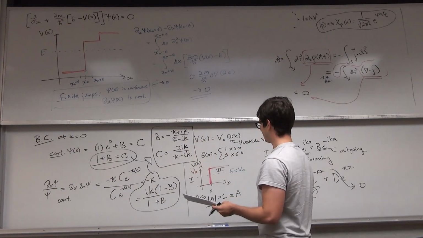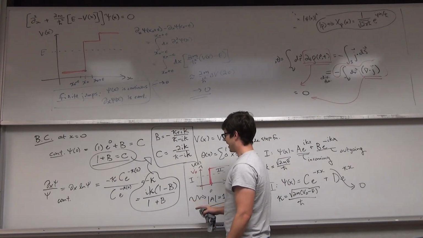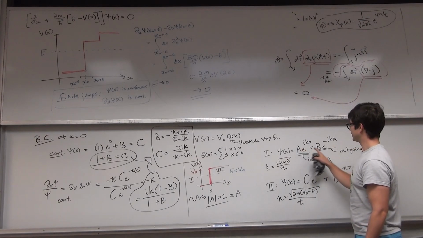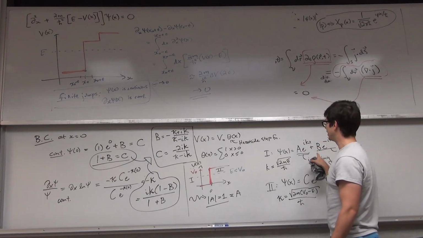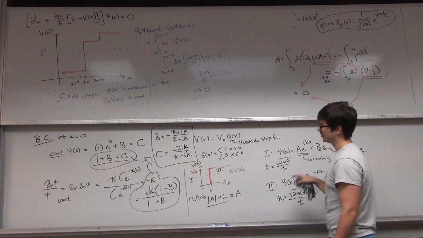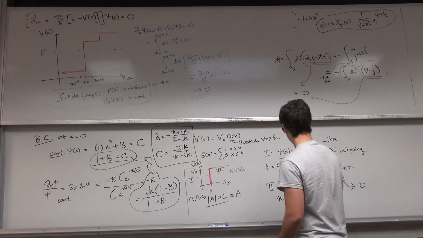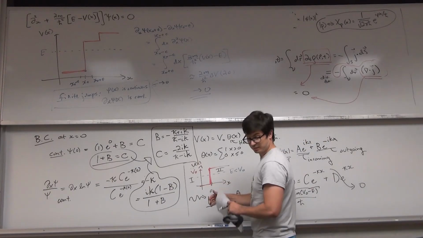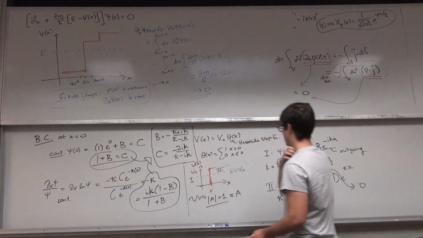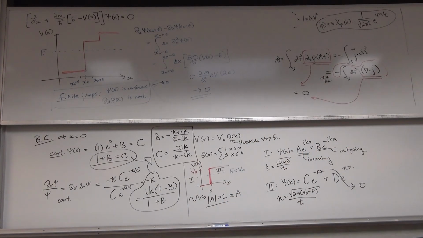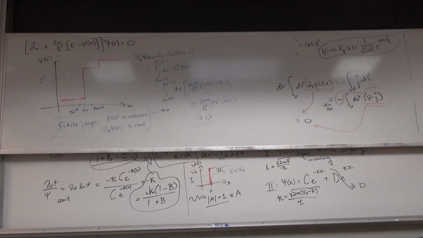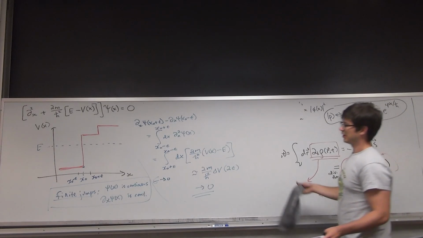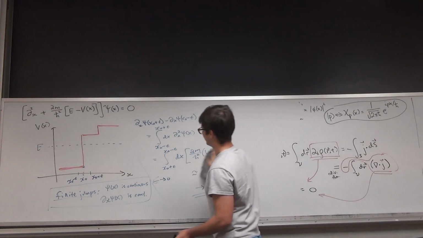So what does it mean? Well, let's look at this. We can try to figure out what the amplitude is associated with the outgoing bit. Okay, so what do we know? We know that this part is an exponential decay. So the wave function, let me draw it, I guess. So the wave function, there's an oscillatory part that comes in.